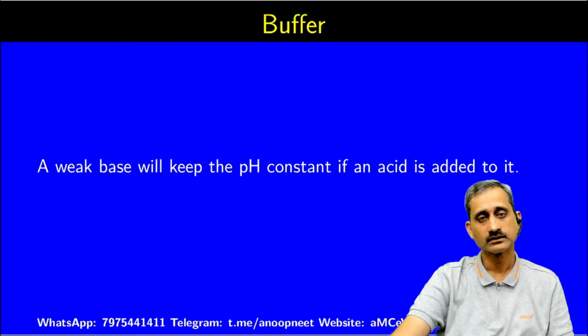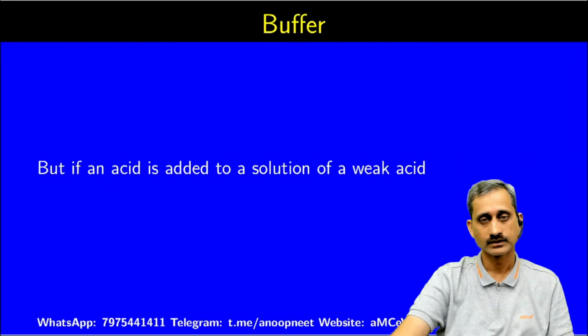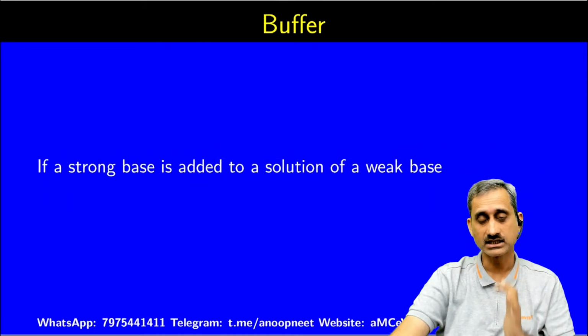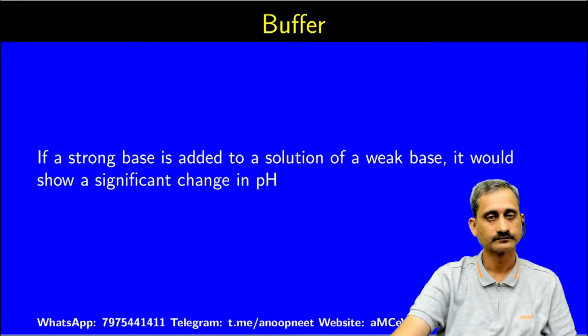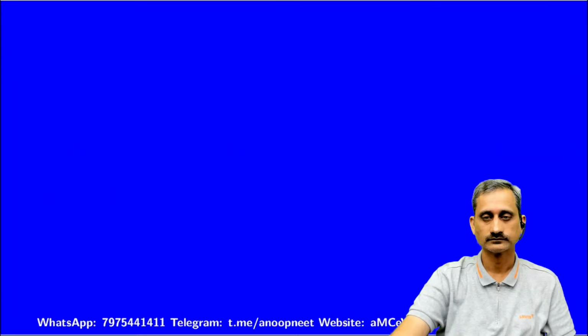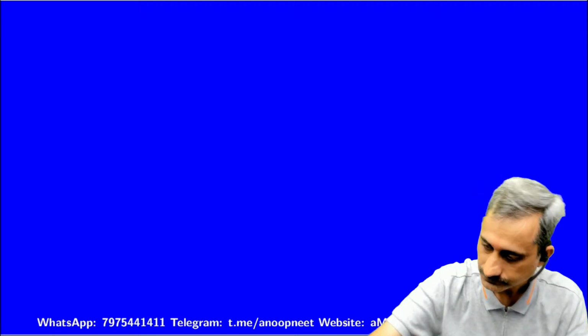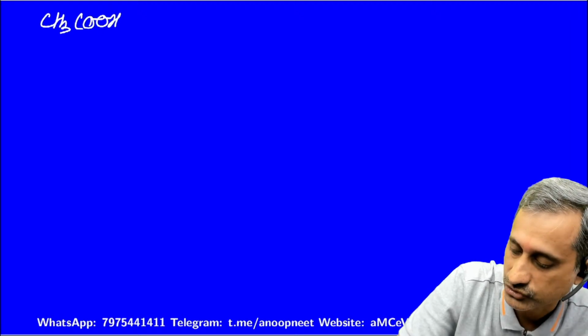ठीक है, तो ये हमारे पास बात थी कि अगर हम एसिड की बात करते हैं, बेस की बात करते हैं, तो क्या होता है. ठीक है, चलिए अब एसिटिक एसिड की बात करते हैं. डिसोसिएशन की बात तो हमने कर ली. हमारे पास है CH3COOH.